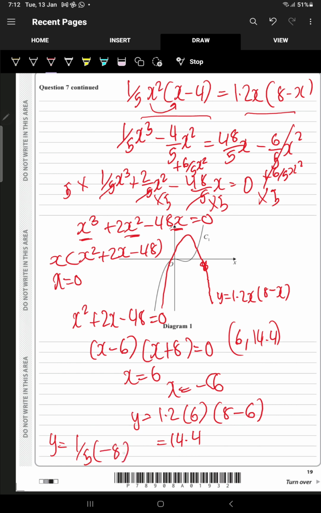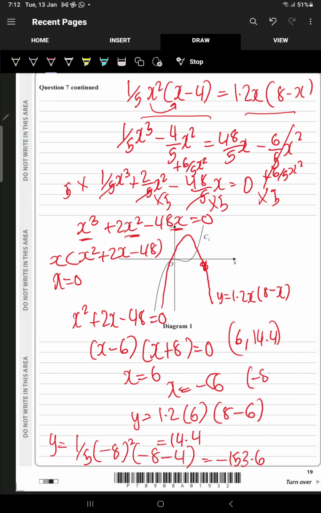So 1 over 5 times minus 8 squared times minus 8 minus 4, and this is going to give us minus 153.6. So we have (minus 8, minus 153.6).